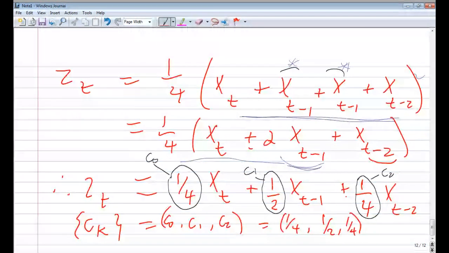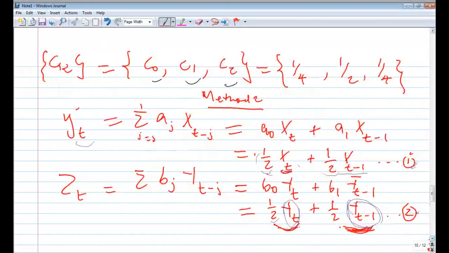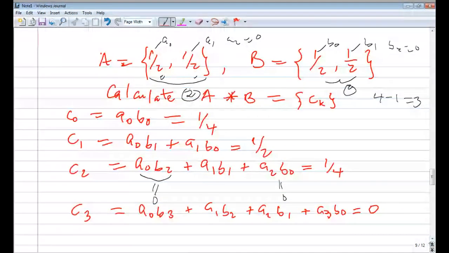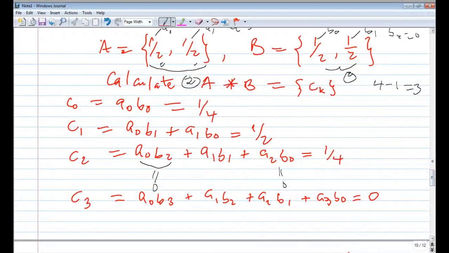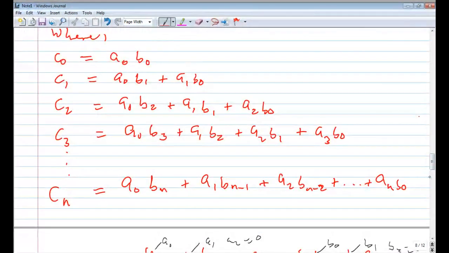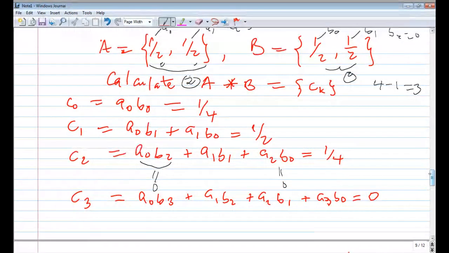If you check this, the answer there is the same as the one we got from the previous method there. You see, it's the same as this one. So before I re-explain method number 1, is there any question? So in other words, you can use method number 1 or method number 2.